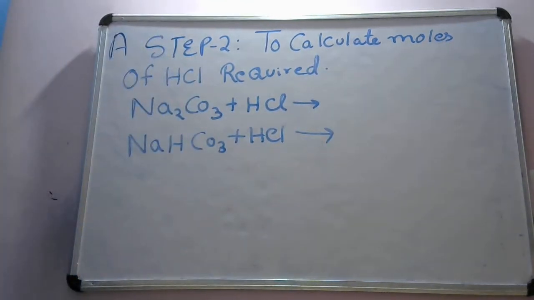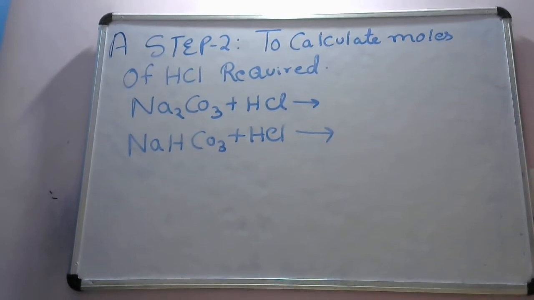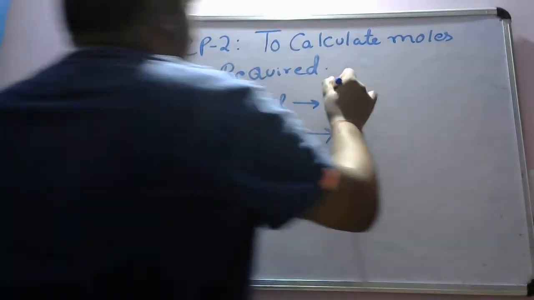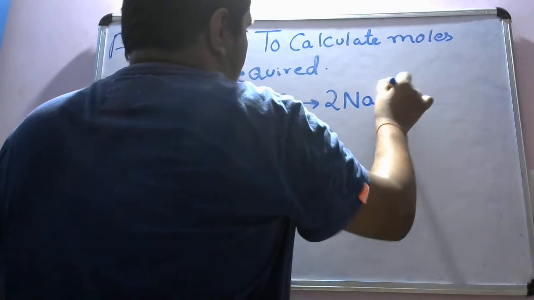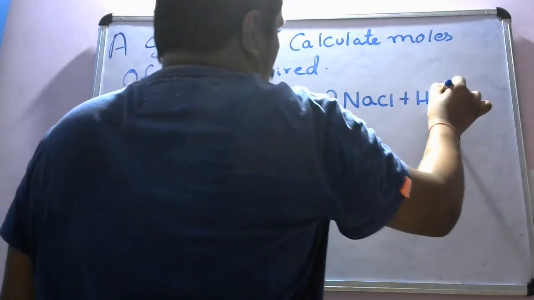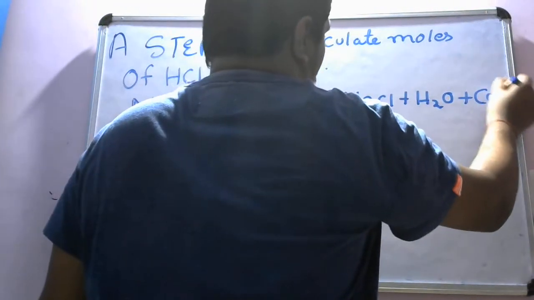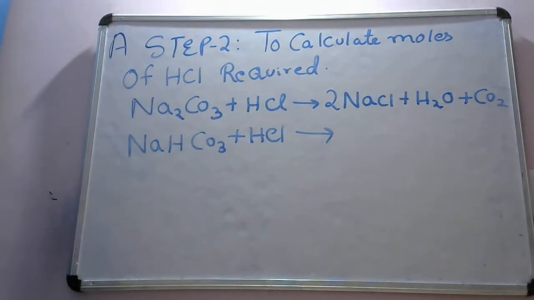So when it reacts with Na2CO3, you will be getting the following products: 2NaCl, H2O plus CO2, and that also you will get NaCl, H2O plus CO2 with NaHCO3.